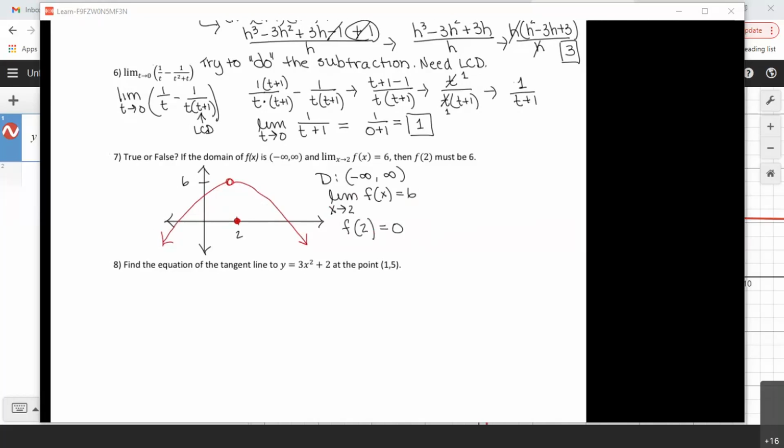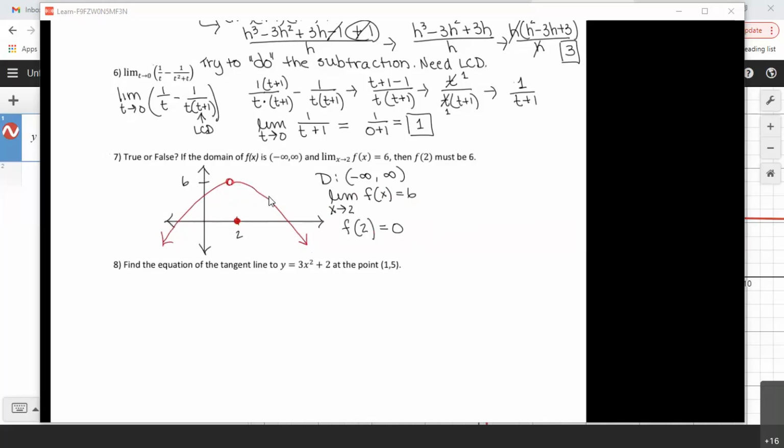So this is called a counterexample. All you need is one of those. If you can find one counterexample, and now I'm sure you're thinking of lots of other ones, where you've got a hole in the function and some other function value. Realize this function is defined for all real numbers. It's continuous up until we get to x equals 2, and then the function value at x equals 2 is 0.